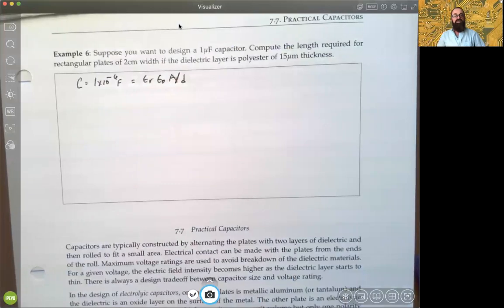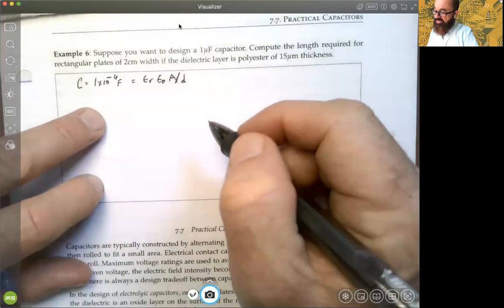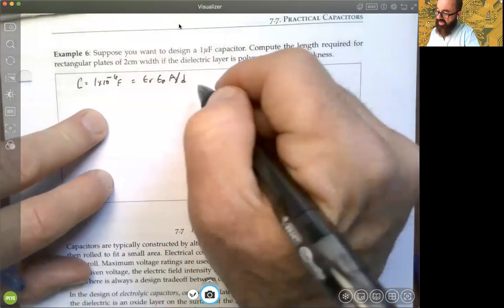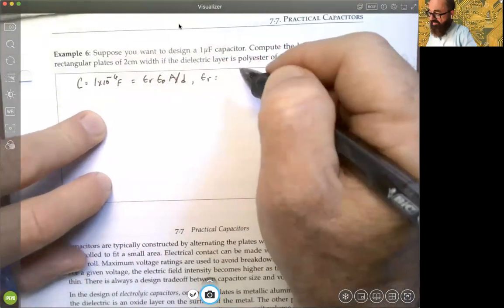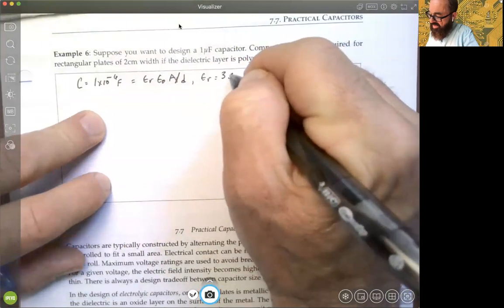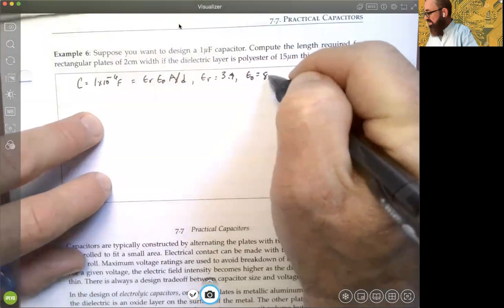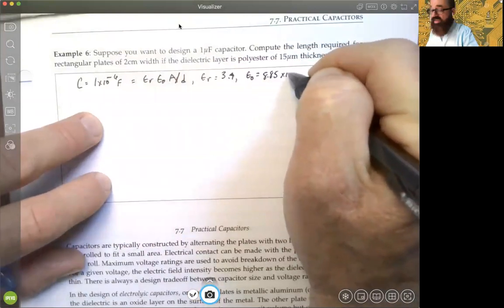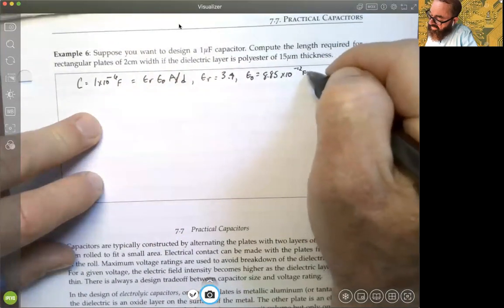In this case, we are using polyester. So we can go back to that table, and the relative factor is 3.4. And of course, we know the dielectric constant for the vacuum is 8.85 times 10 to the minus 12 farads per meter, okay?